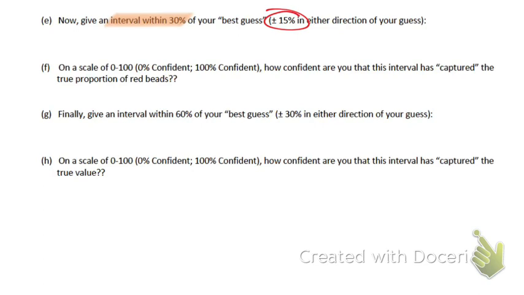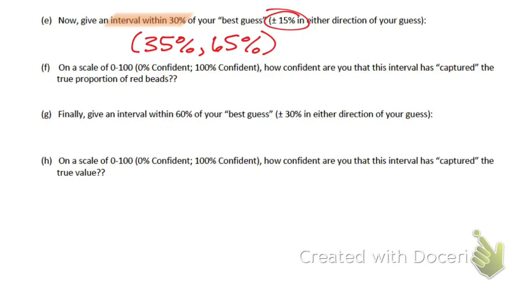For example, mine would now be 35% to 65%. Now you all have a 30% window. That's a pretty big window. The true value could be anywhere in that 30%.